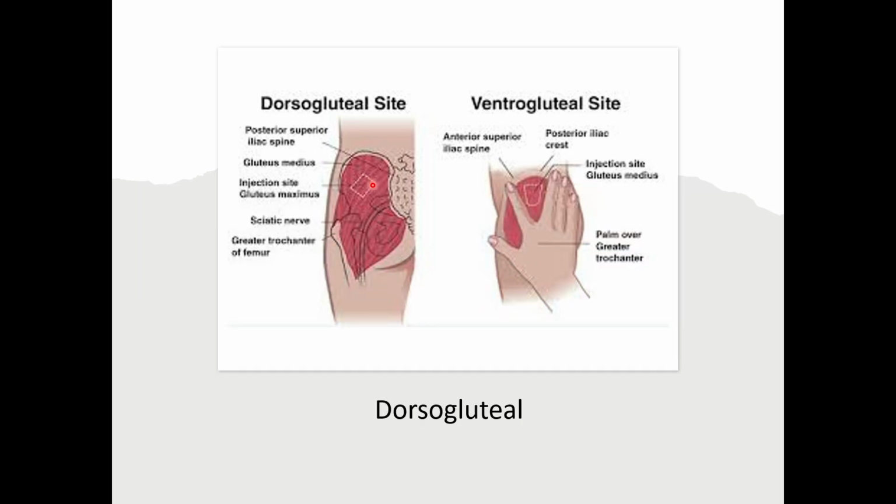And that's what they're showing there. This is the ventrogluteal site right here. You can use your deltoid in the shoulder as well, but if you're giving over 2 milliliters of fluid, we recommend going to the dorsogluteal site or the ventrogluteal site.